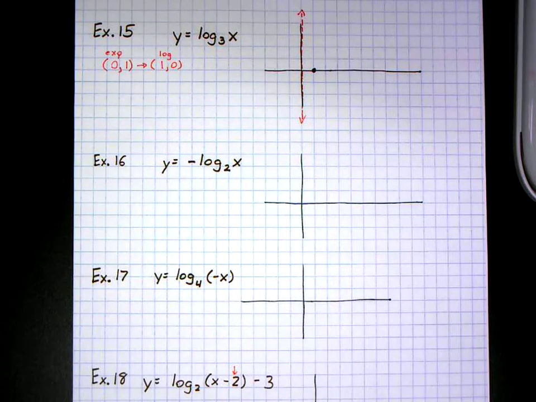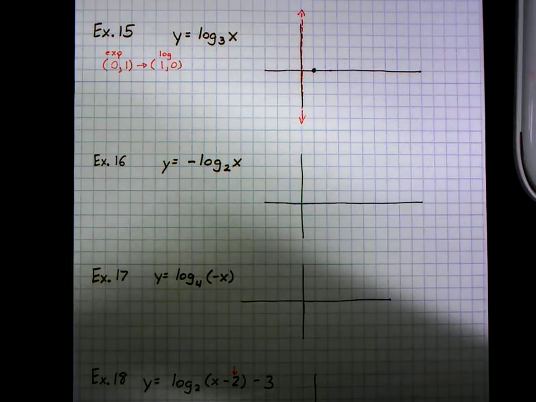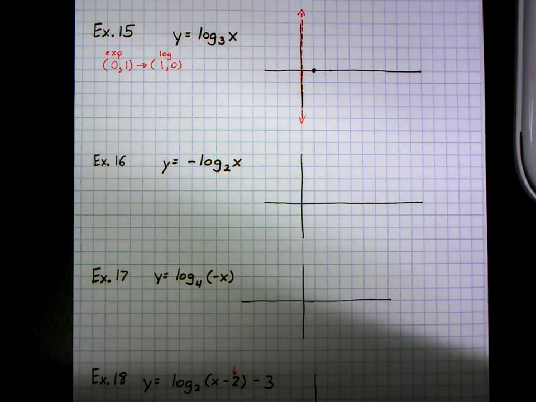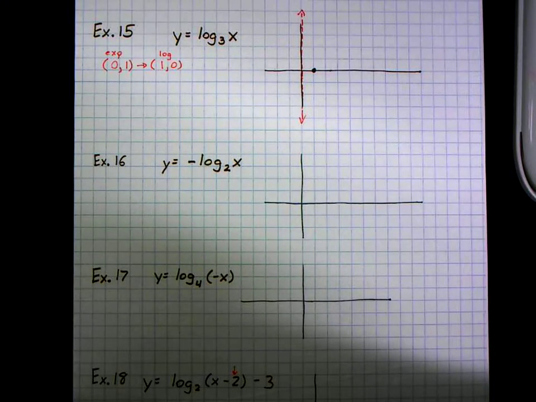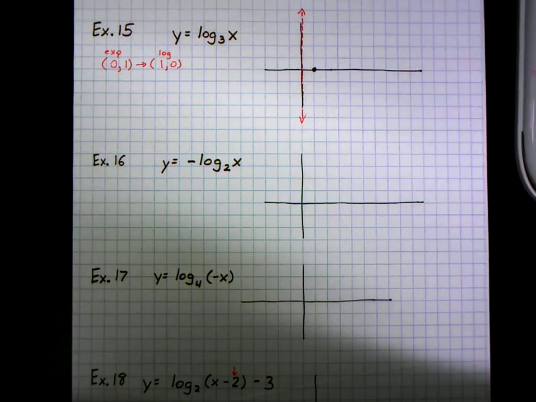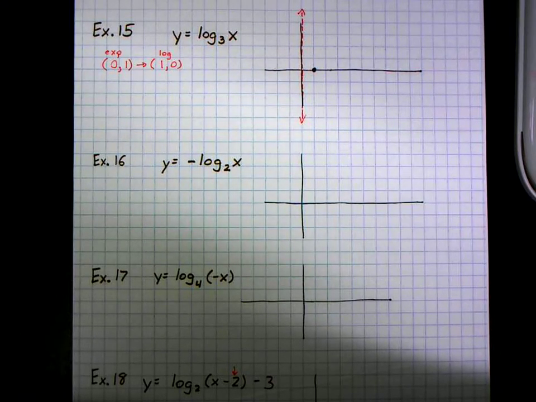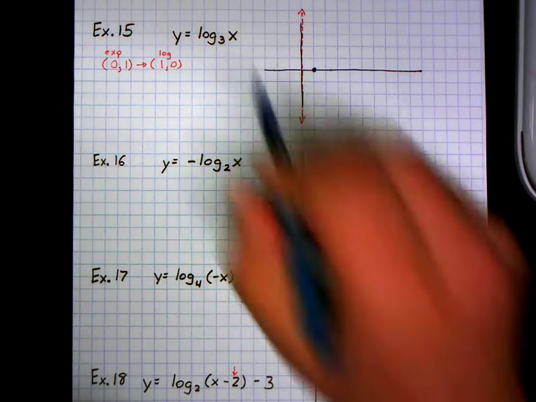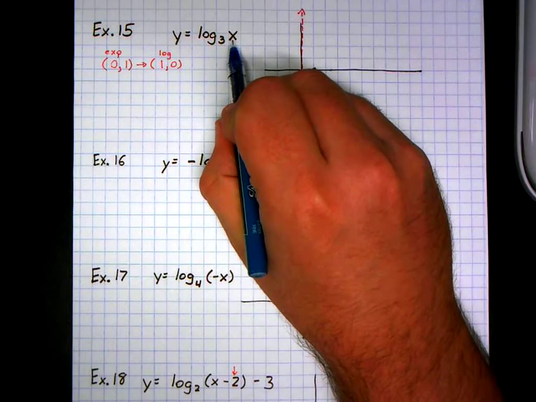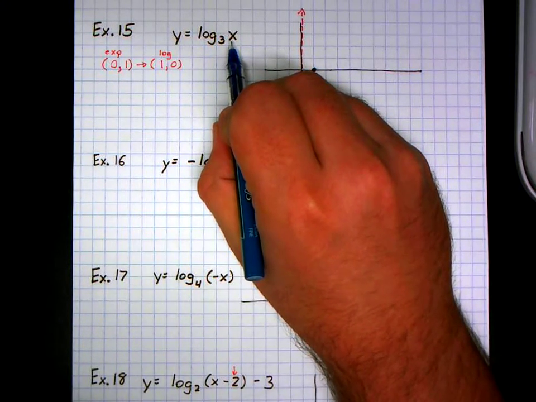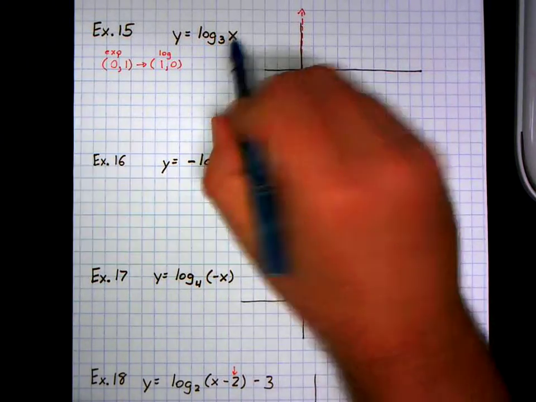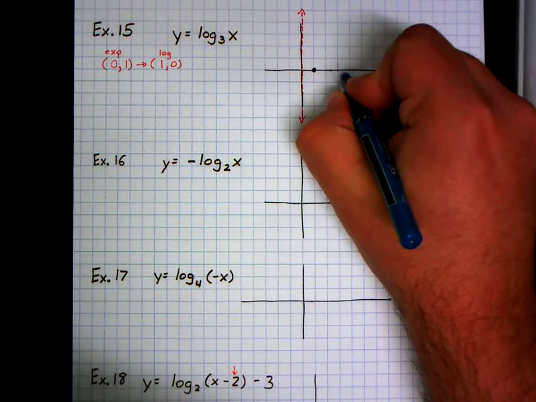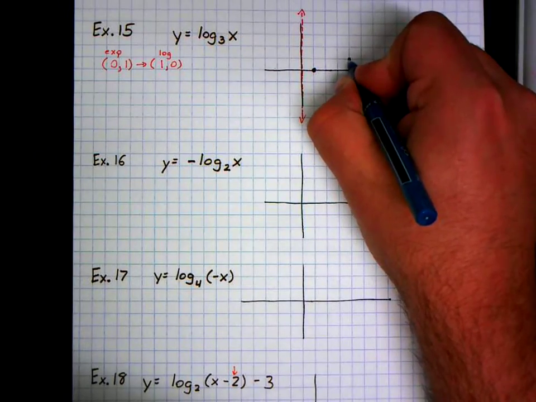Now, what number can I plug into this logarithm and get a whole number answer? What's the next number I can plug in and get a whole number answer? 3. If I plug 3 into this, I'll get 1.